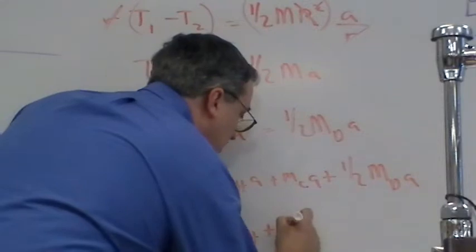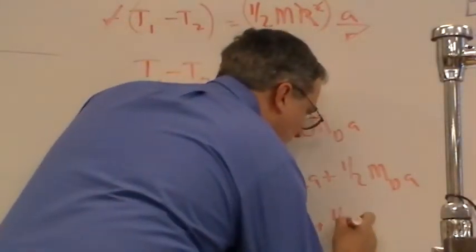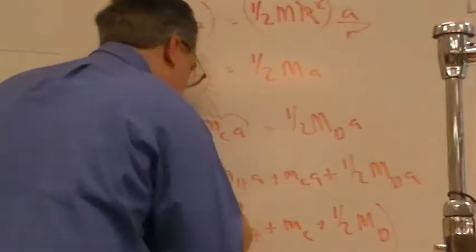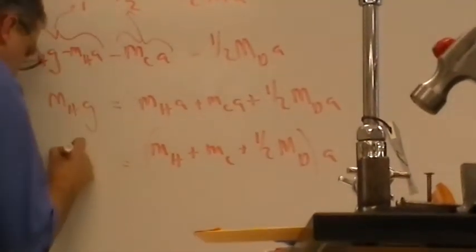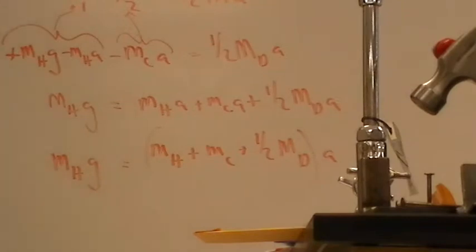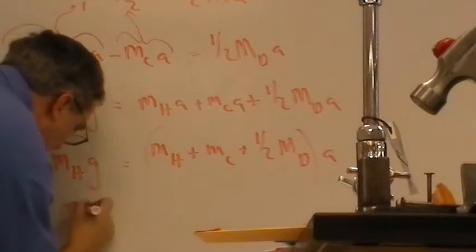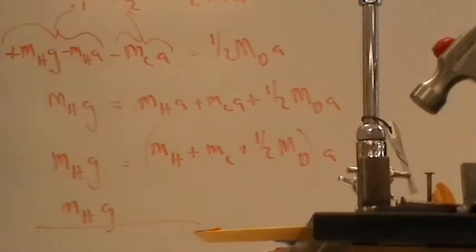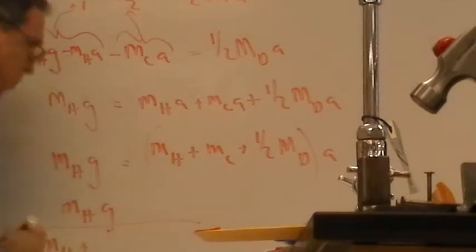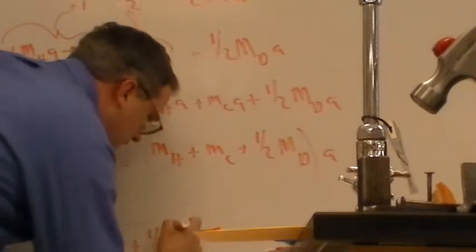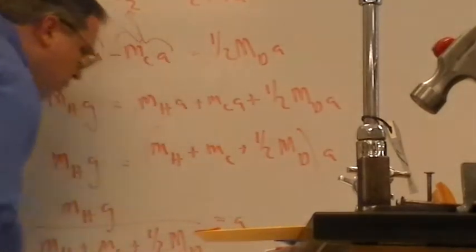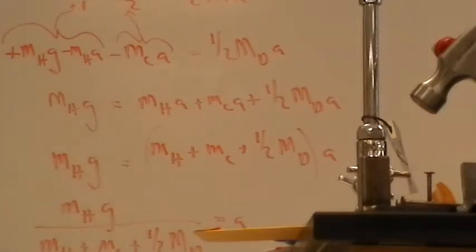So MH plus MC plus 1/2 MD times A equals MHG. And now I can divide. MHG divided by MH plus MC plus 1/2 MD equals A. Whew.